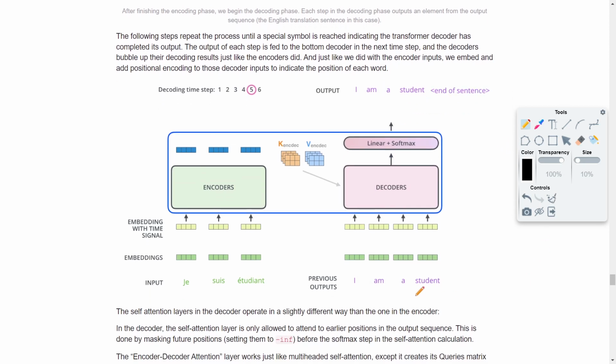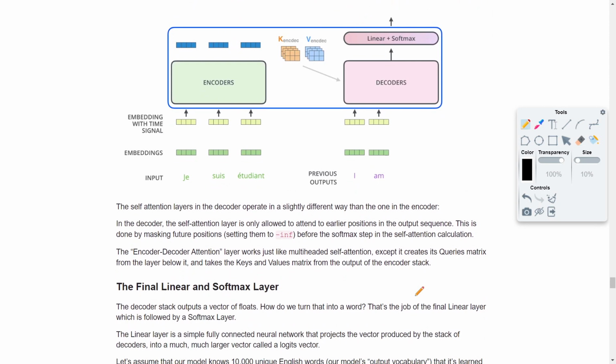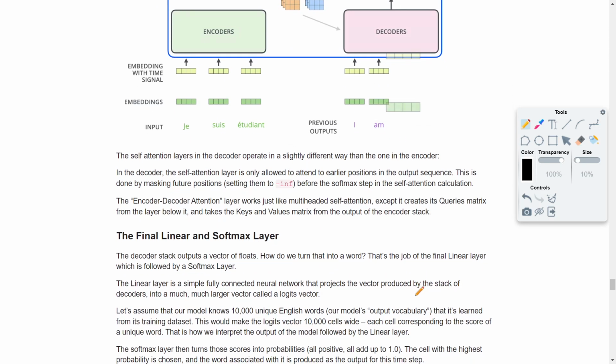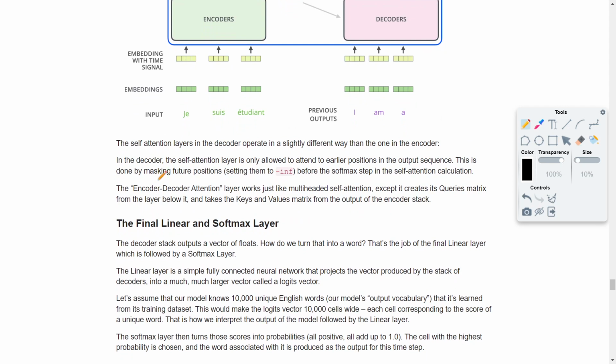The reason for masking is that if I directly give the answers to my transformer model, then the model is going to give that particular answer only and it's not learning anything. So this is what they have said.